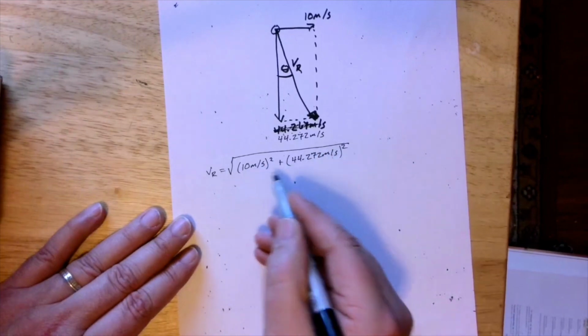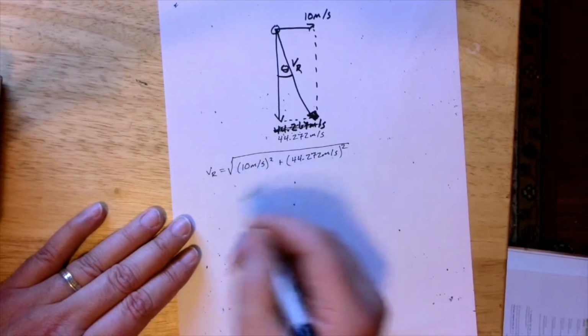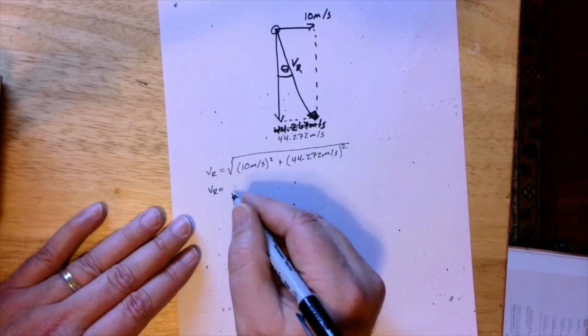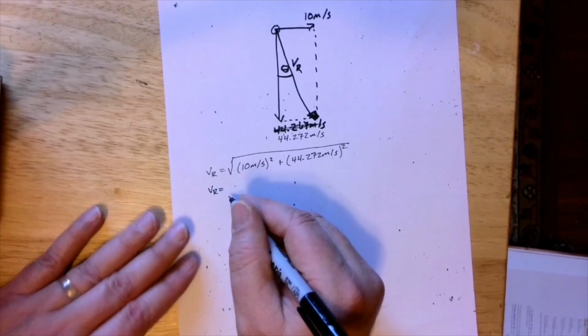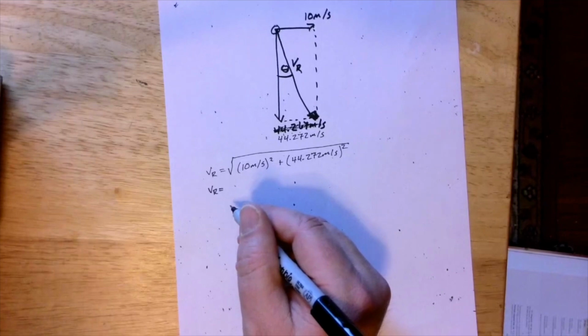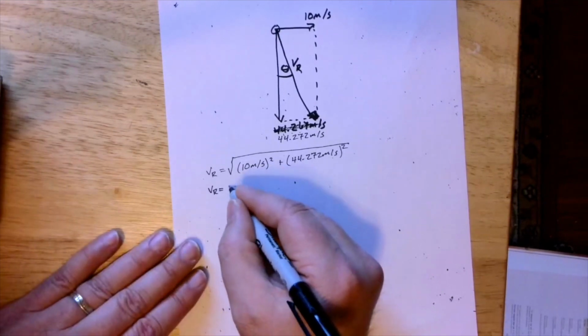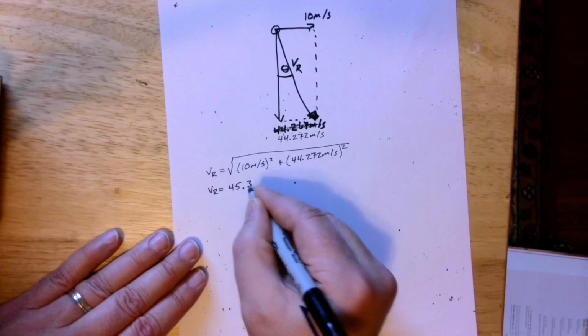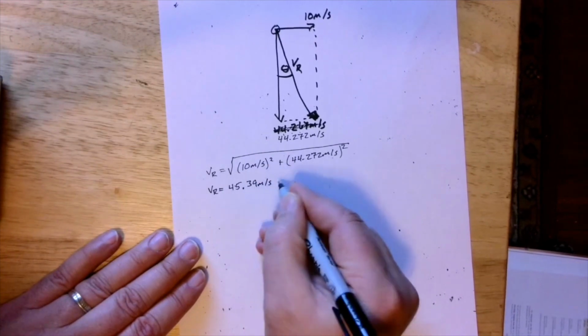Then add those together, take the square root of that, and you end up getting an answer of 45.39 meters per second.